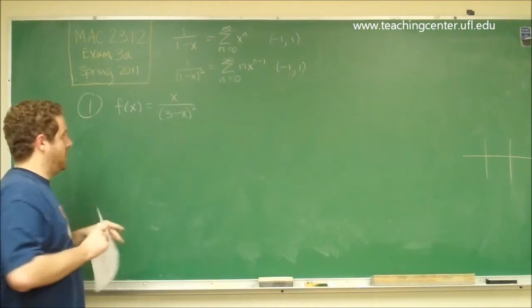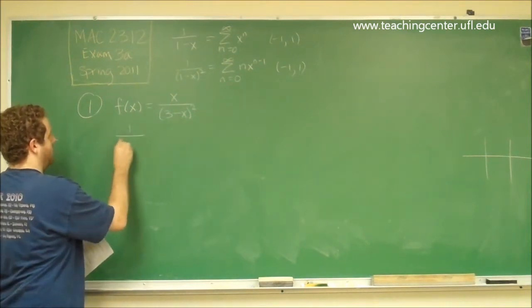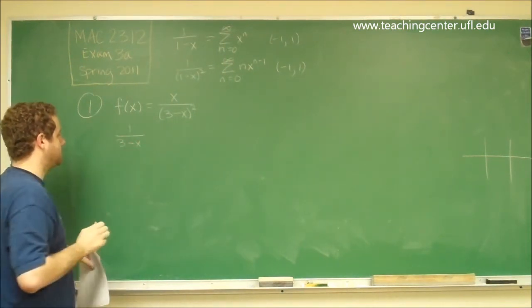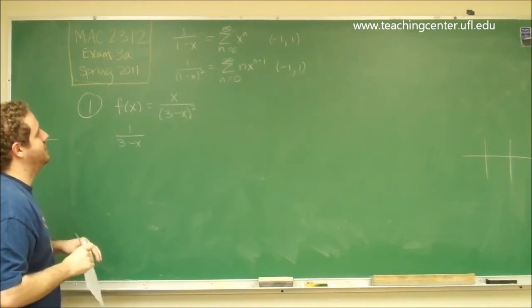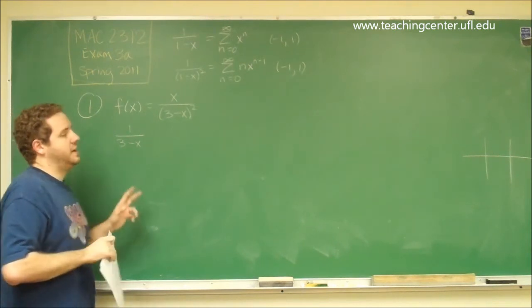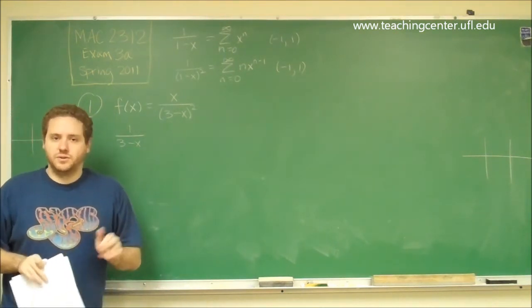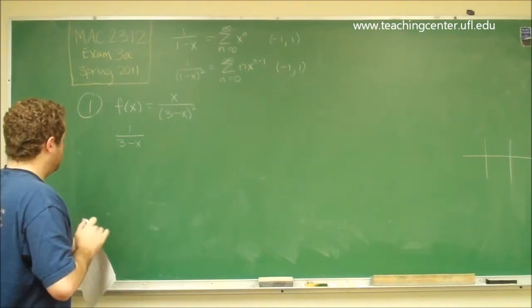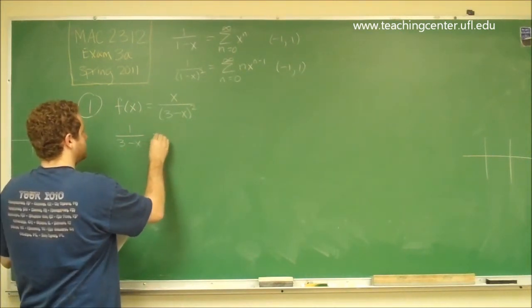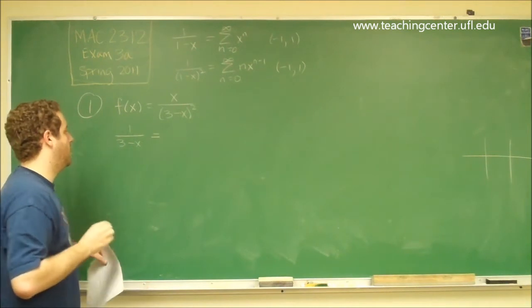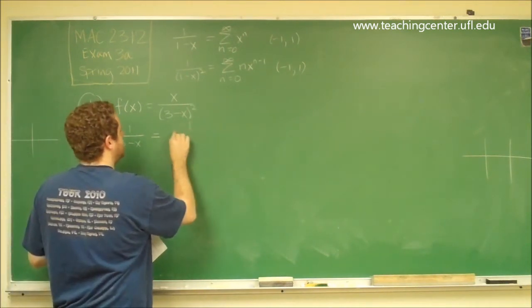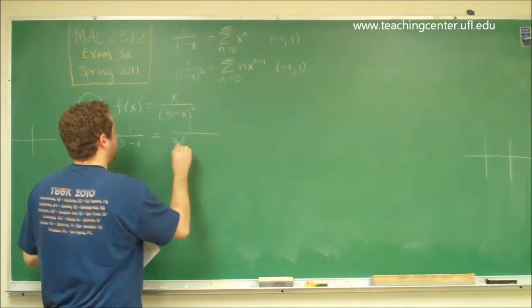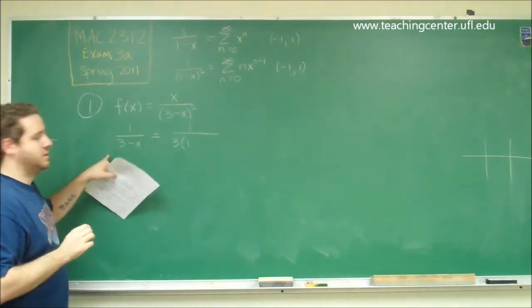So first let's deal with just having 1 over 3 minus x. So we need to get that into a form where it's 1 minus something. We might have a constant in front or something like that. So we need to find a way of doing that. What we have to do is factor out a 3 because you need a 1 to subtract.